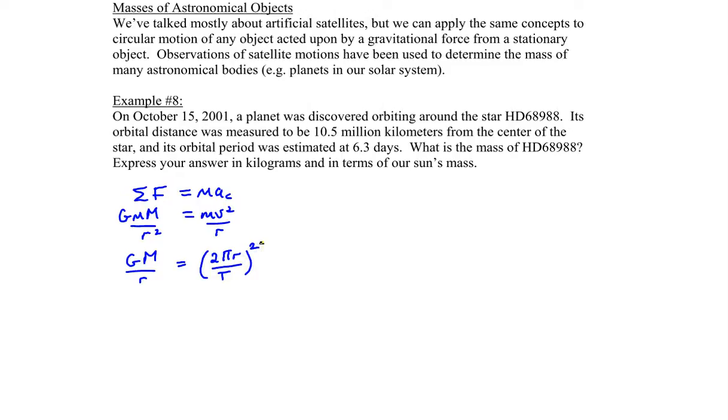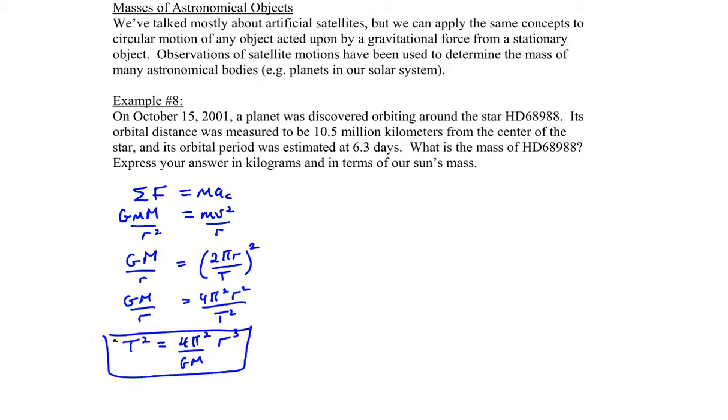In the end we'll get GM over r equals 4 pi squared r squared over T squared, and if we rearrange for T squared, we get 4 pi squared r cubed over GM. So we're going to use this Kepler's third law to solve this problem.